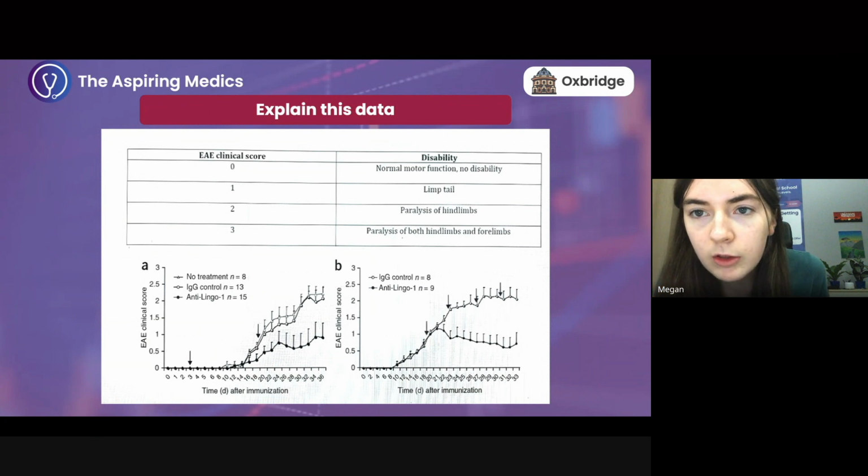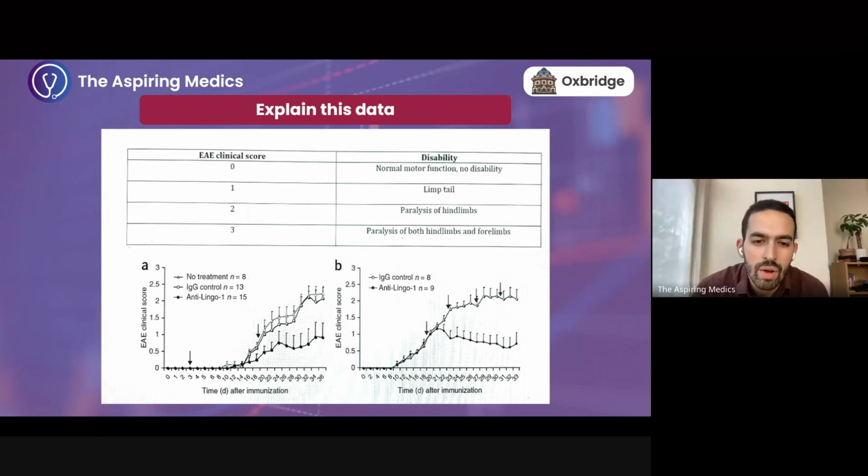And then the control treatment, the antibody IgG treatment, has a slightly lower EAE clinical score with time in days after immunisation, but it's not dramatically lower. And then the injection of the anti-lingo treatment shows a much lower EAE clinical score with time after it's injected. Great.